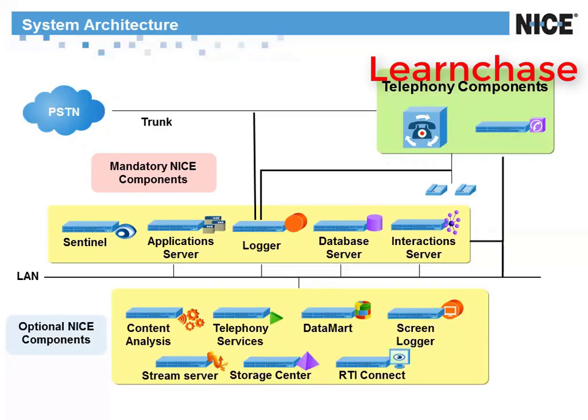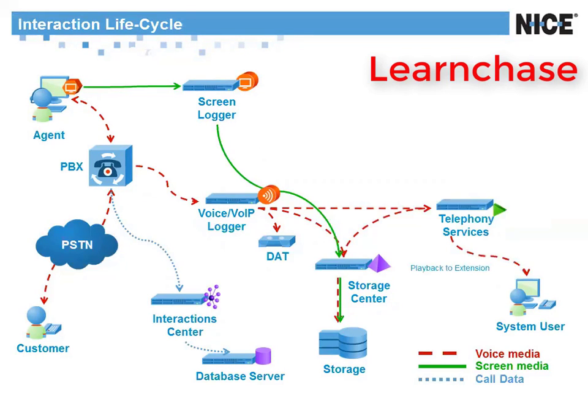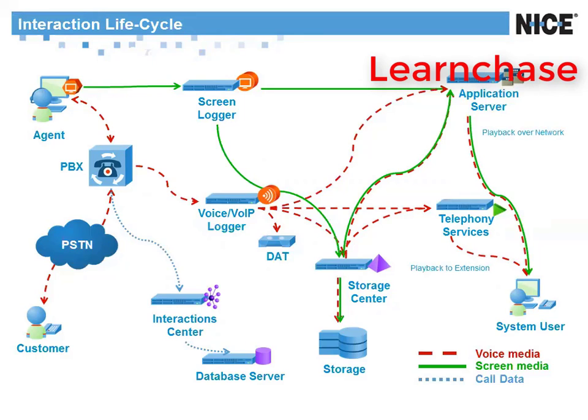So here is the call flow. A customer is calling the PBX via PSTN. To explain in brief, what are we observing over here? PBX is giving CTI data to interaction management, and it is giving RTP packets to the VoIP logger, and from an agent screen, the packets are transferred to a screen logger to record the screen of an agent.